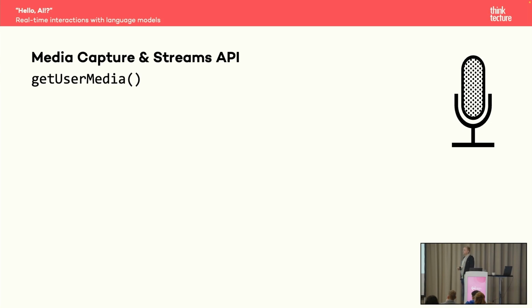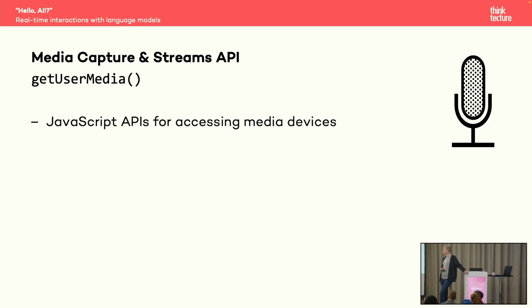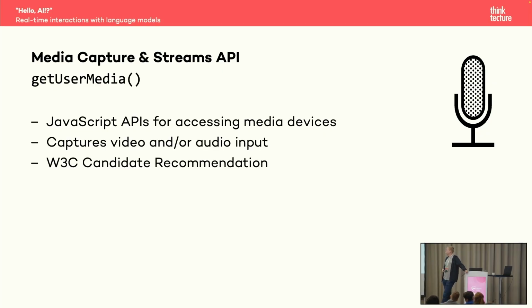What we also need is the so-called getUserMedia API. It's actually a companion API to WebRTC, which was implemented before WebRTC. The Media Capture and Streams API gives you access to the webcam or to the microphone of the device that you use, and allows us to get access to that via JavaScript for audio and video input. This one is a candidate recommendation.